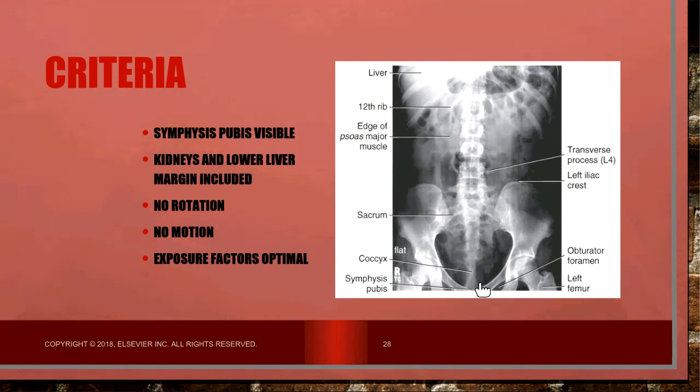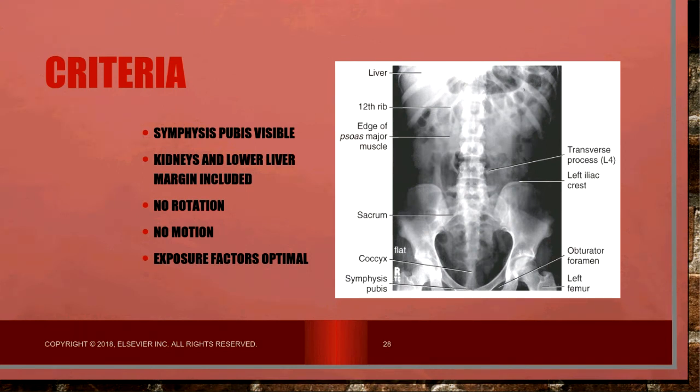They are pointing out where the liver is. You can visualize the 12th rib. This is one edge of the psoas muscle. You can see the sacrum, the coccyx, pubic symphysis, obturator foramen, the left femur, iliac crest. So ideally this whole ray would have come at the level of the iliac crest.